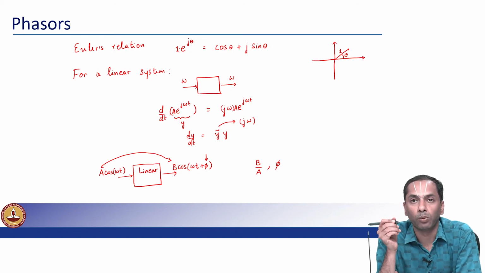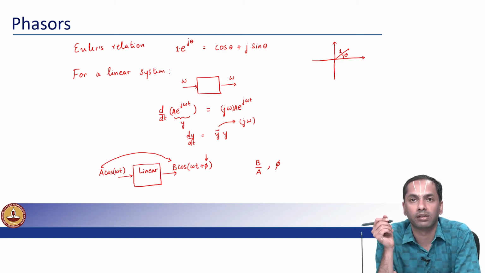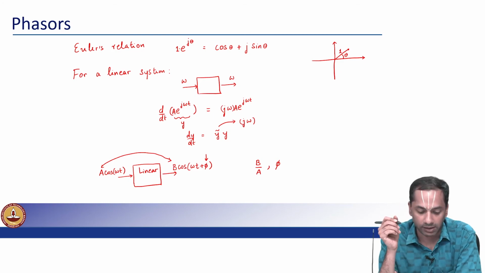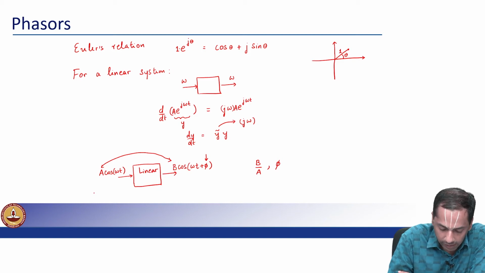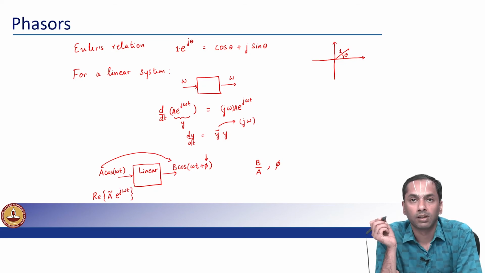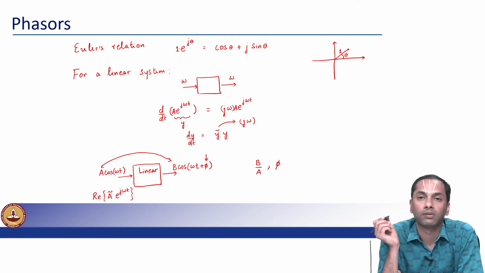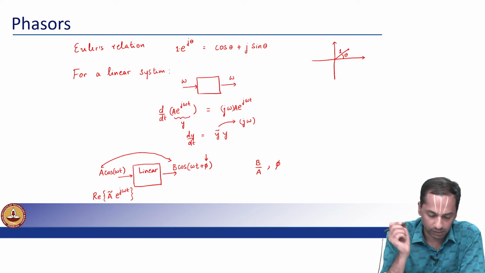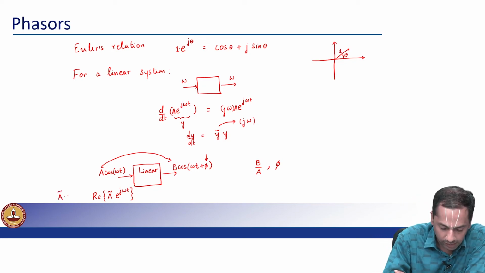A more elegant way to keep track of these two variables is perhaps to explore Euler's relationship and say that a cos omega t is really the real part of a tilde e to the j omega t, where a tilde is essentially a.